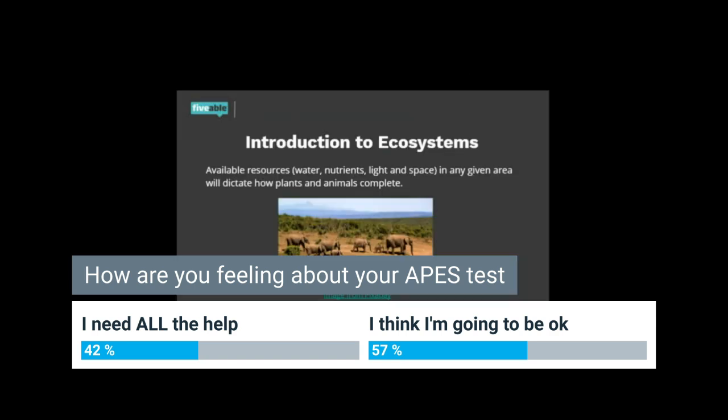So, introduction to ecosystems. An ecosystem is all of the available resources, including the water, nutrients, light, and space in any given area, and that will dictate how plants and animals compete in that ecosystem. So a good way to think about ecosystems is to think about all of the biotic and abiotic things that are interacting in any given space.